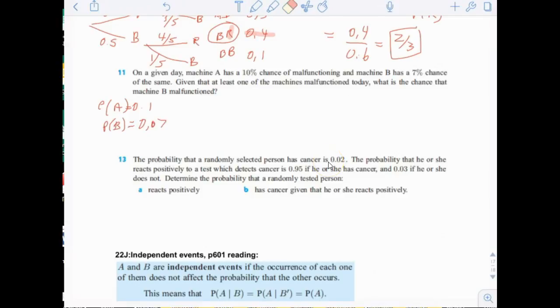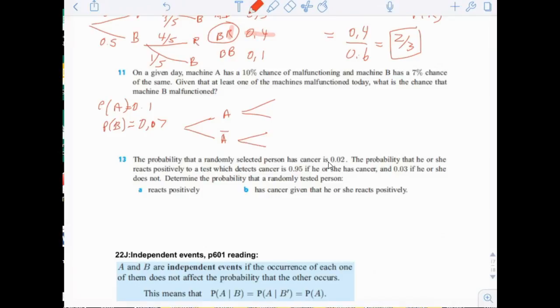Let's draw this as a tree diagram. So the first event would be probability of A breaking and not breaking. Sometimes when you do the not, you put a line above the event.